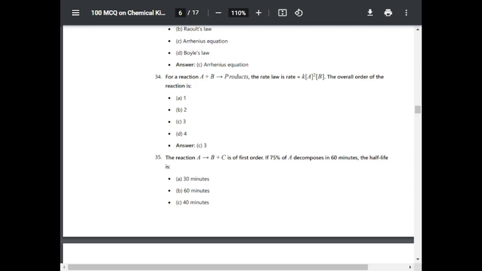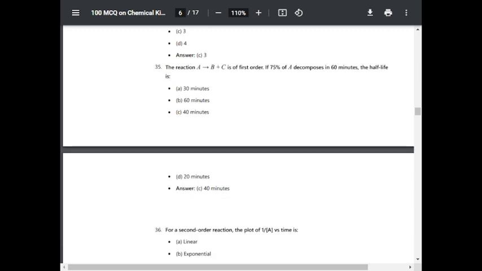If 75% of A decomposes in 60 minutes, the half-life is: option A, 30 minutes; option B, 60 minutes; option C, 40 minutes; option D, 20 minutes. The correct answer is 40 minutes. Option C is correct.